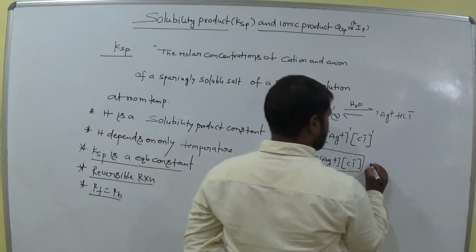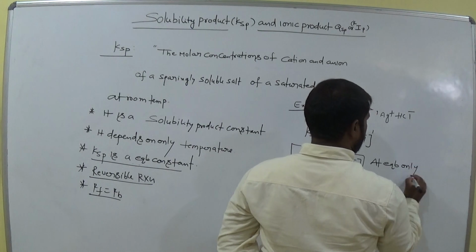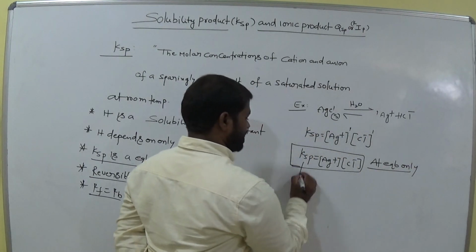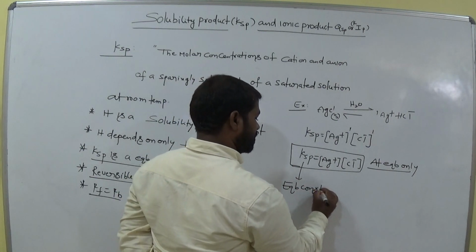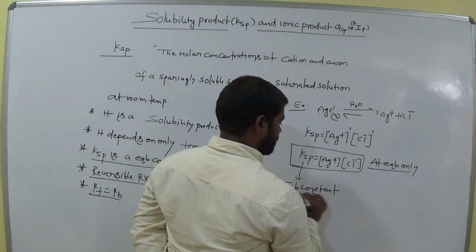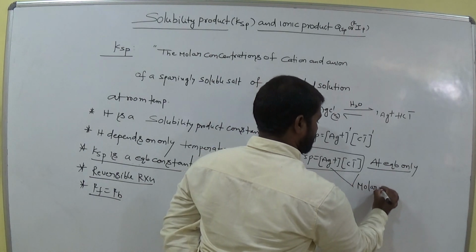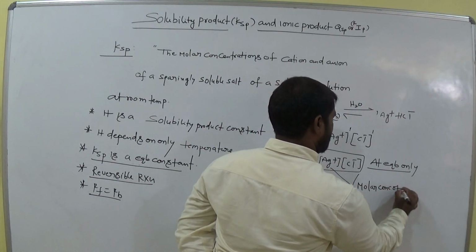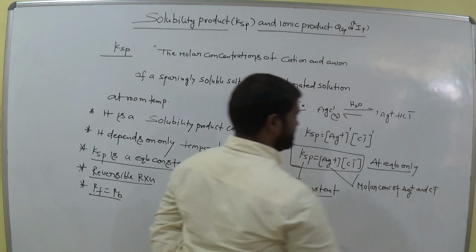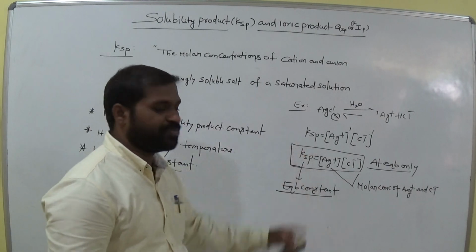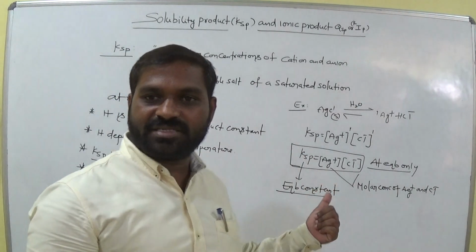This is at equilibrium. At equilibrium only. This is the equilibrium constant. These are molar concentrations of Ag plus and Cl minus. Clear? This KSP is the equilibrium constant expression at equilibrium in the case of a sparingly soluble salt.